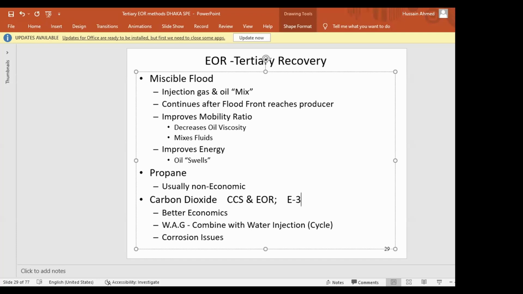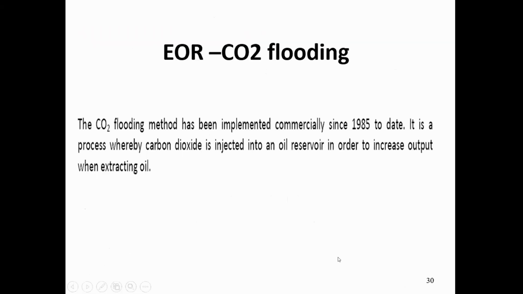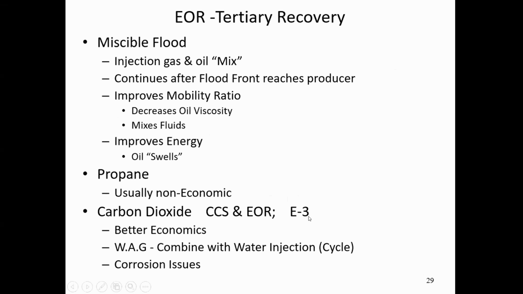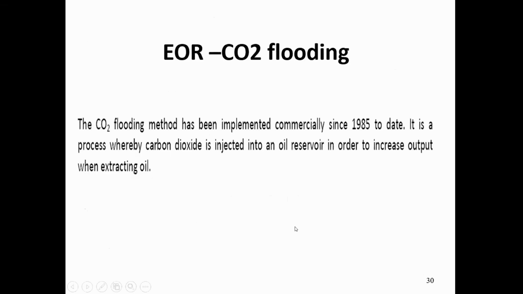So think about a project for your master's degree, MSc, under that title, under that vision. You have to have a vision, a future outlook. So think about E3, a useful way to think. And you can mix tertiary recovery with E3. CO2 is a good example of tertiary recovery, a very famous example, a very good case study actually.